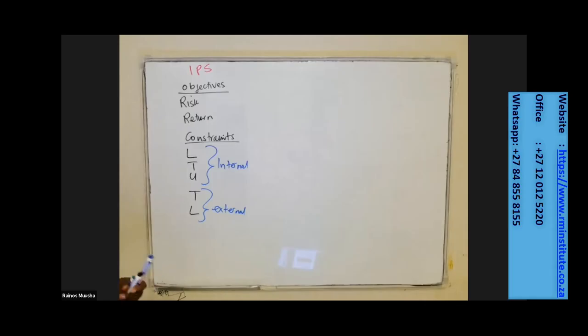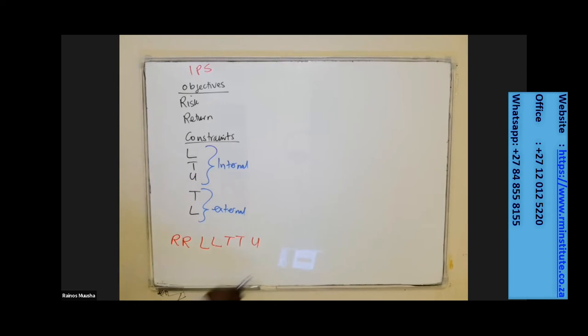Usually, to make it easier to remember, I use the acronym RRLLTTU. It helps me know exactly which objectives and constraints are to be addressed in preparing the investment policy statement. It stands for risk, return, legal and regulatory, liquidity, tax concerns, time horizon, and unique circumstances.